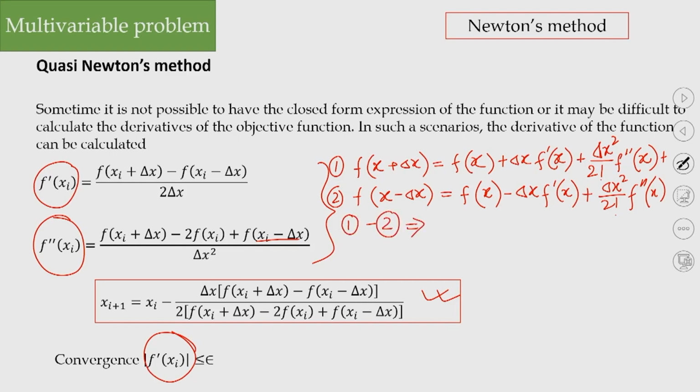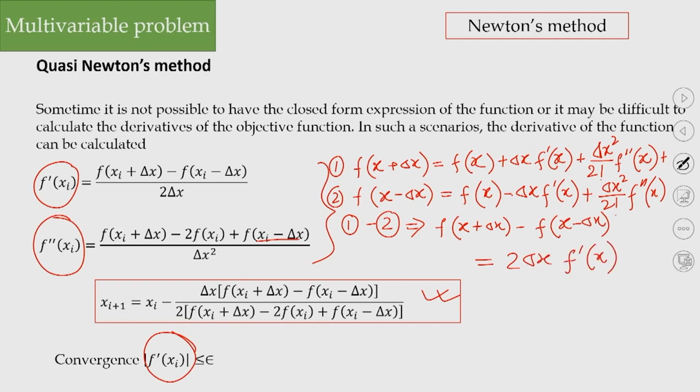Then f(x + delta x) minus f(x - delta x): the f(x) terms cancel out, and the second term becomes twice delta x times f dash x.